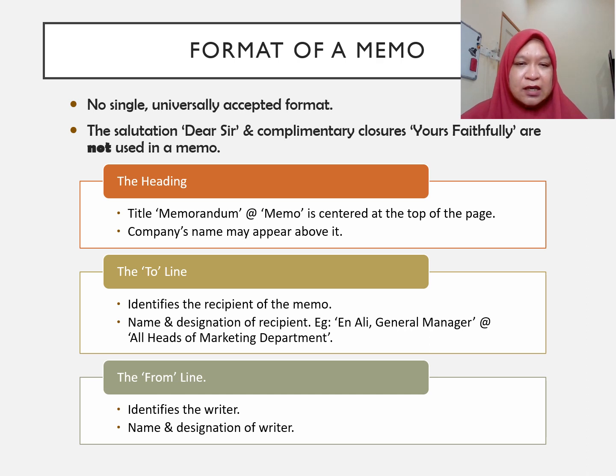We have the headings: the title memorandum or memo should be at the center or the top of the page, the company's name may appear, and then we have the To line. To identifies the recipients of the memo, so you should write the name and the designation of the recipient, for example Ali, general manager, or if you want to send out to a large group, to all heads of marketing department. The From line identifies the writer, name and designation of the writer.